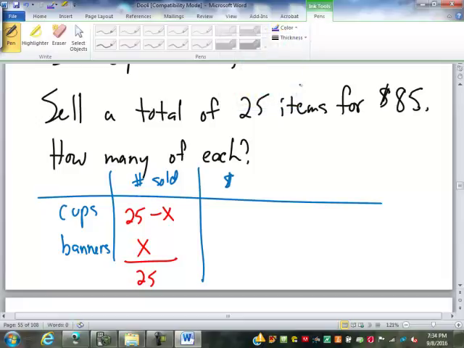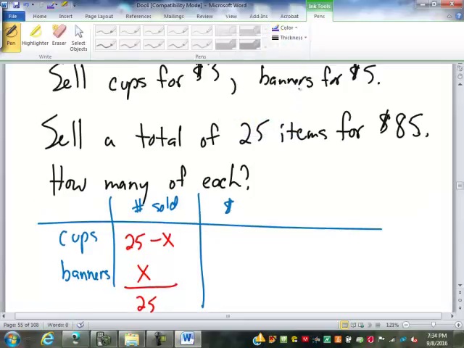So now to convert that into dollars, what's the dollar amount from cups? $3 each times 25 minus X is the number sold. What's our dollar amount for banners? $5 each times X is just 5X.